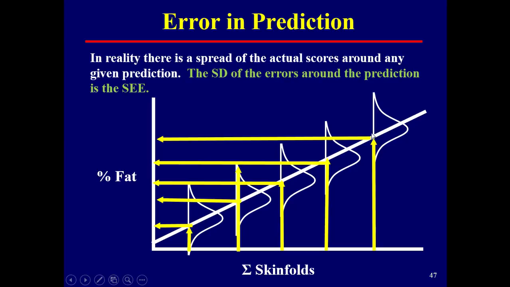But most people, i.e. the normal curve, most people will have an actual percent body fat that's pretty close to the prediction. How much error is involved in this prediction? We can index that by the standard error of the estimate. The standard error of the estimate is the standard deviation of the errors around the prediction. The standard error of the estimate is the standard deviation of these errors.